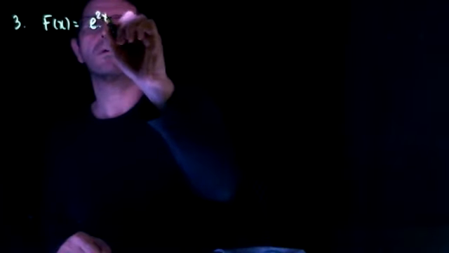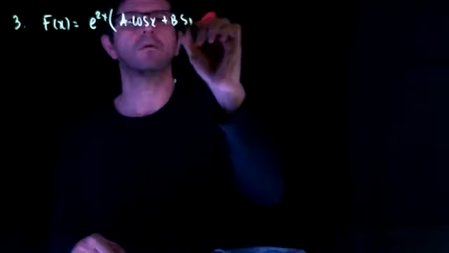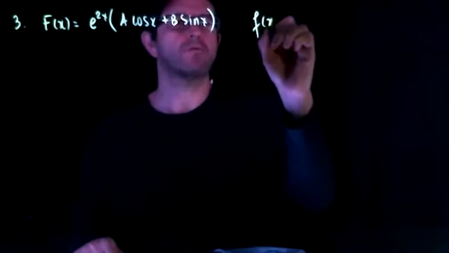Number 3. So they say that big F of x is equal to e to the 2x times a cos x plus b sine x, is the antiderivative of small f of x, which is e to the 2x sine x.